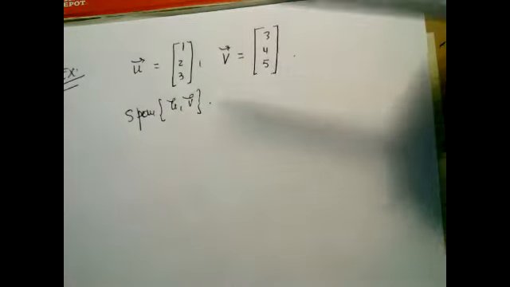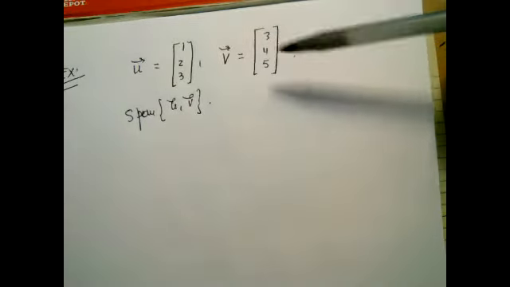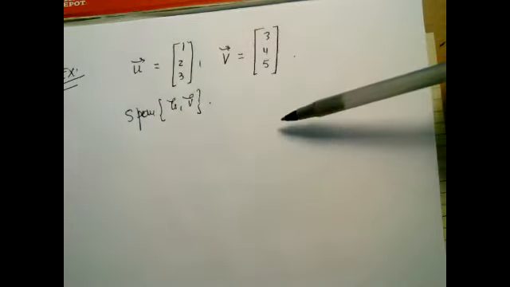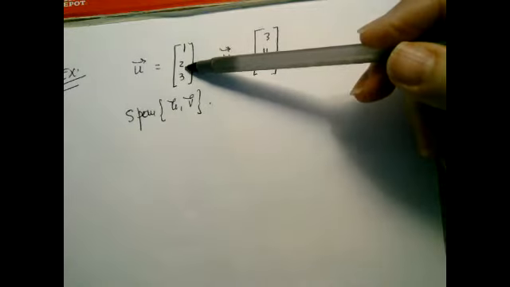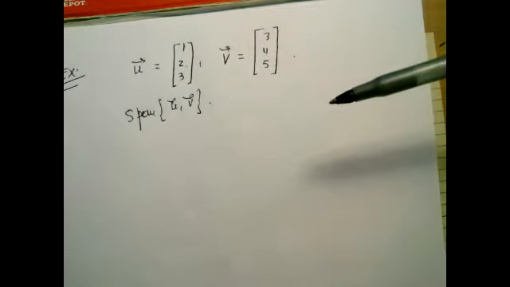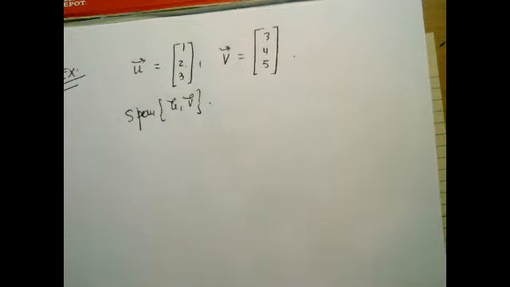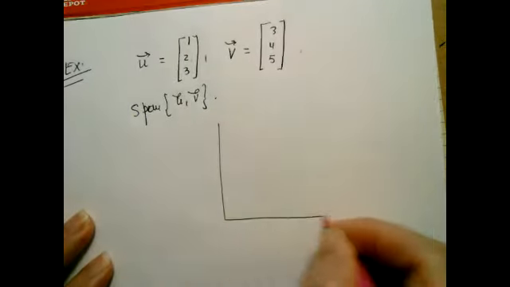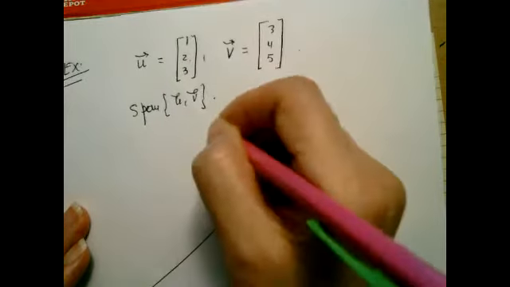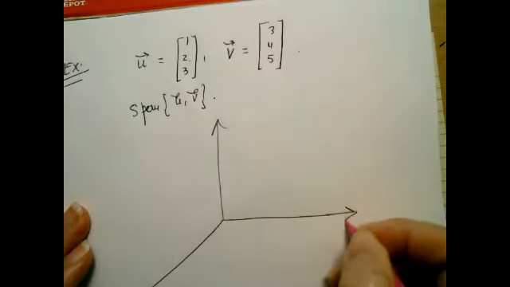It means, how can I describe all the points that I can reach from the origin by following the direction of U and V only? Again, a little bit of geometry here. So these are my places.